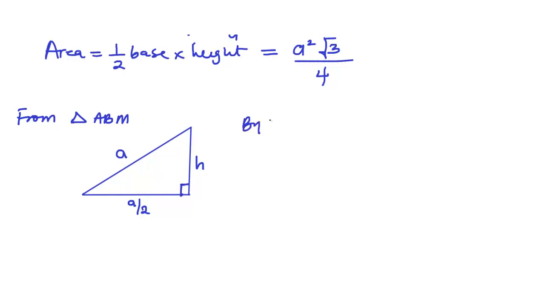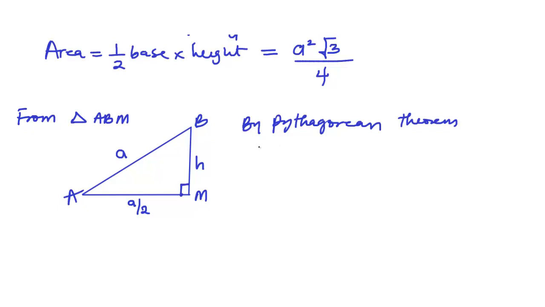By the Pythagorean theorem, and don't forget this is ABM, the square of the hypotenuse, the side facing the right angle, is equal to the sum of the squares of the other two sides.